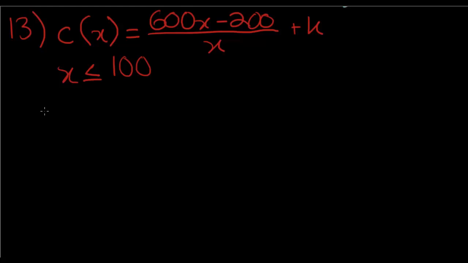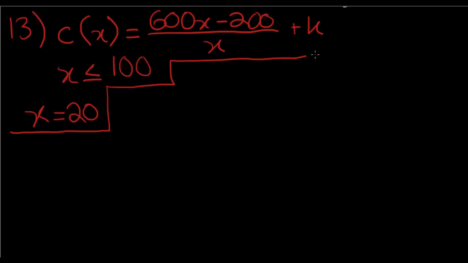So, from the word problem, we know x is the number of units, and so in this case, x will be equal to 20. So let's create this space where we can work our problem out.